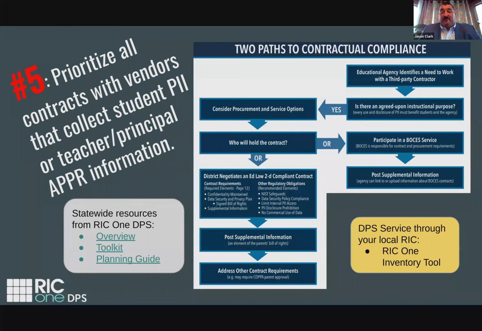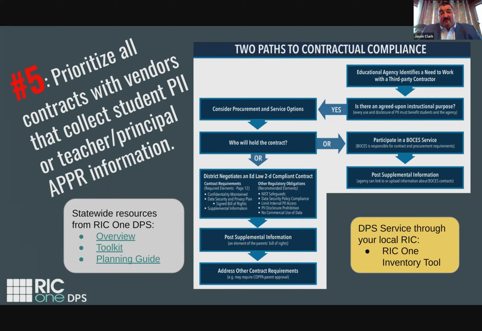The way the law is written, there are only two ways. One is if a district enters into an agreement directly with the vendor, when that vendor signs off on the school's Parents' Bill of Rights and supplemental information, and that will make that vendor compliant.